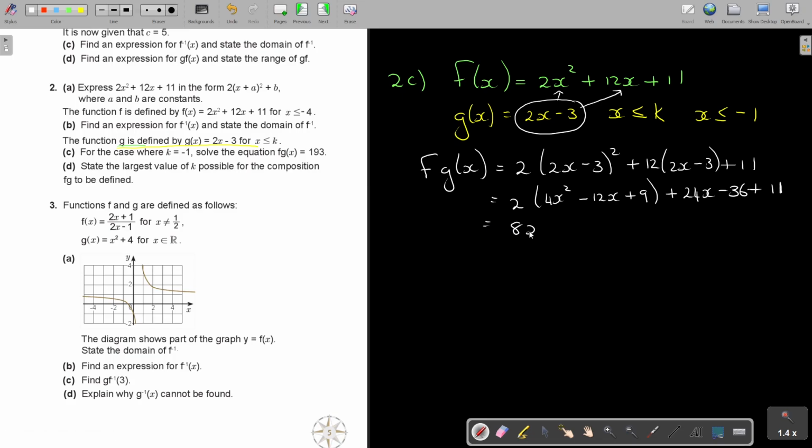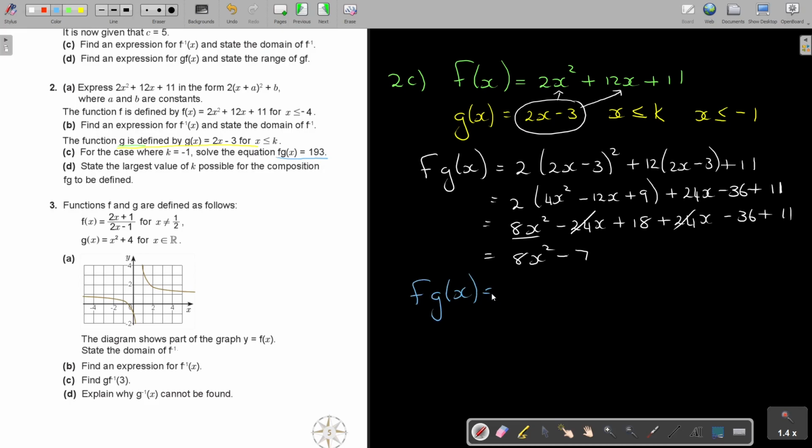So this is going to be 8x squared minus 24x plus 18 plus 24x minus 36 plus 11. Okay, so let's just get our like terms. So this is 8x squared. This cancels out. Now, 18 minus 36 plus 11, and we get negative 7.